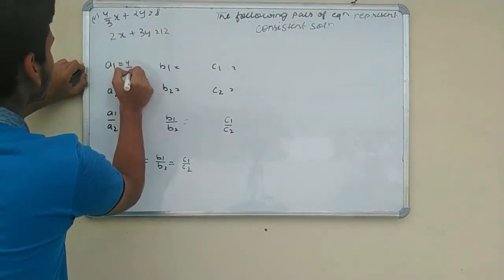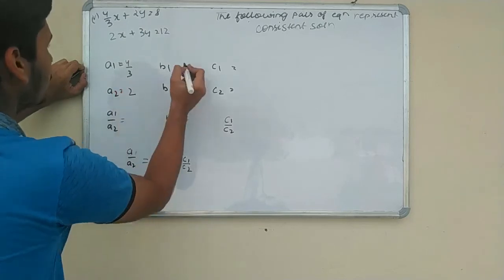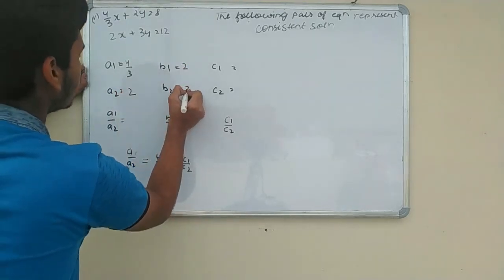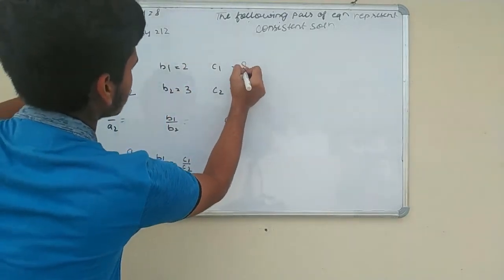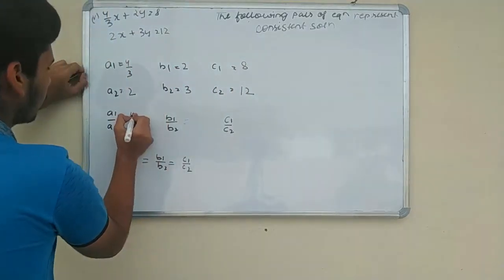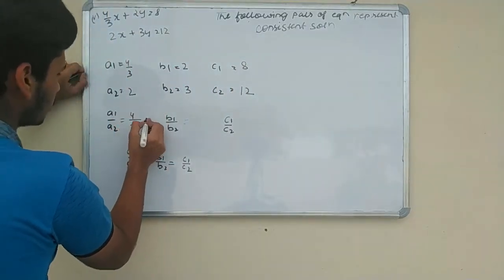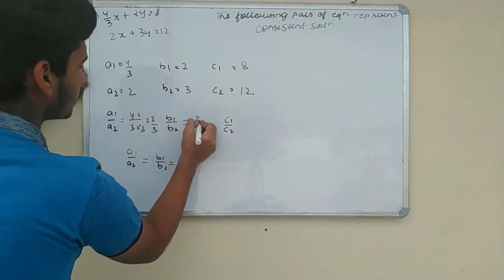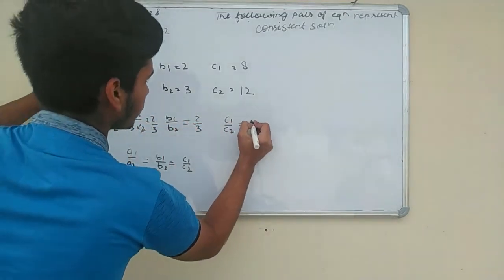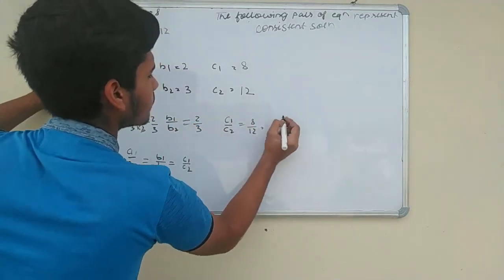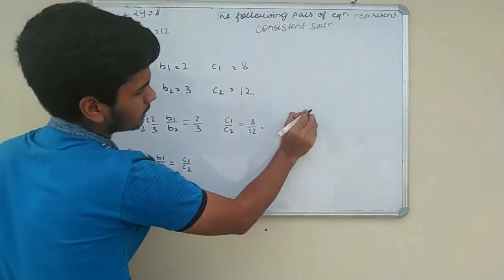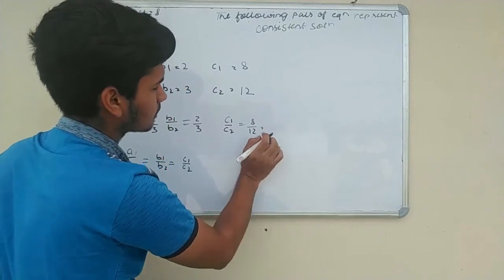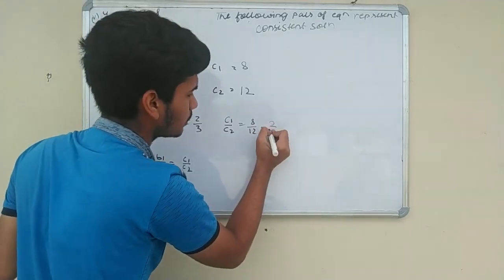So a1 is equal to 4 upon 3, a2 is equal to 2, b1 equals 2 and b2 is equal to 3, c1 equals 8 and c2 equals 12. So a1 upon a2 is 4 upon 3 into 2, equal to 2 upon 3, b1 upon b2 is also 2 upon 3, and c1 upon c2 is 8 upon 12, which are factors and multiples of 4, so we can write 2 upon 3.